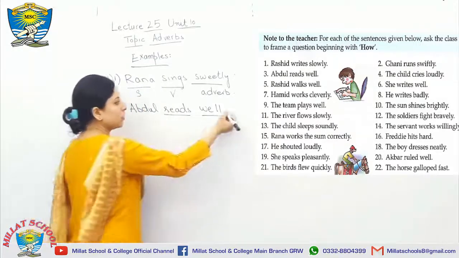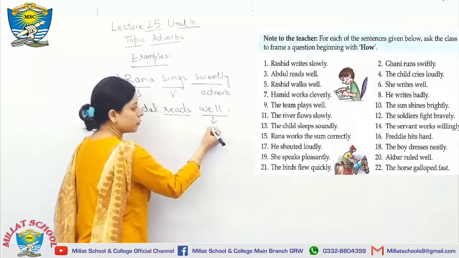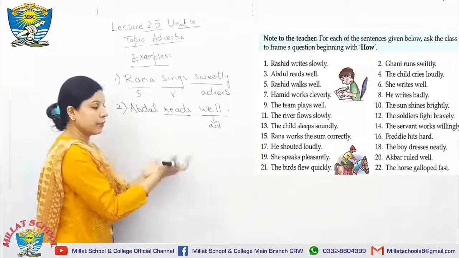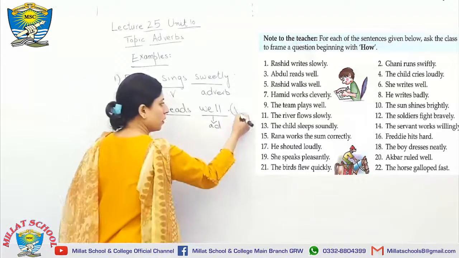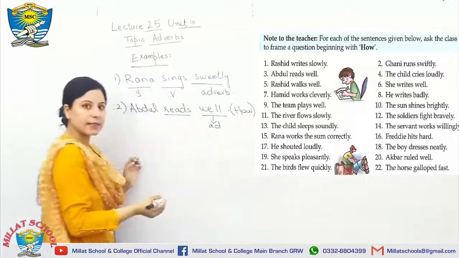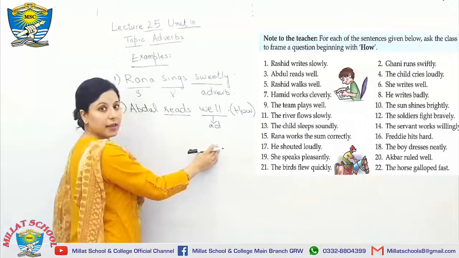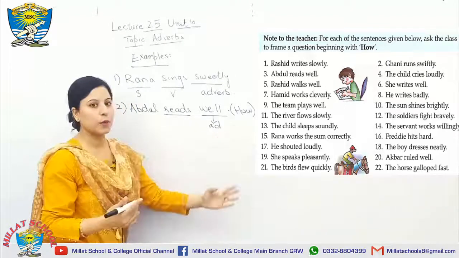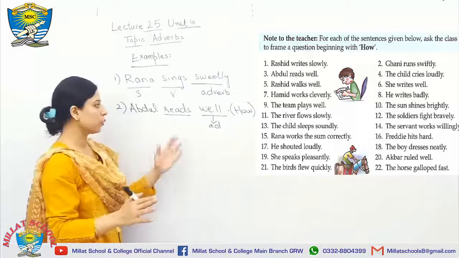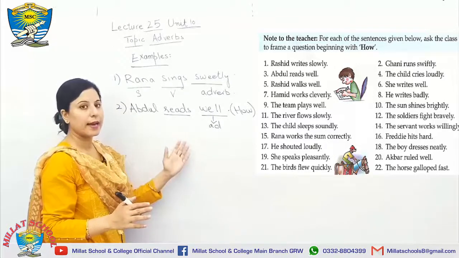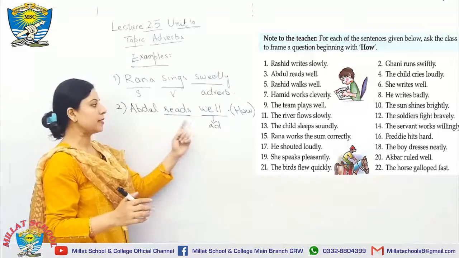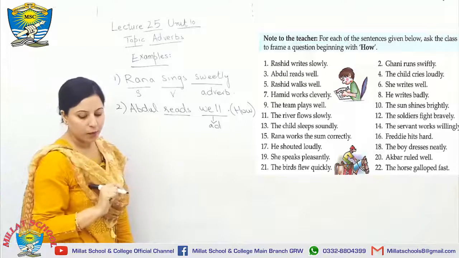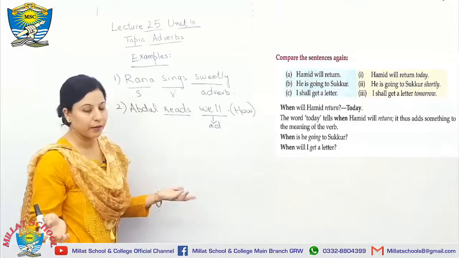Abdul reads how? This how tells us that he reads well. If we are talking about his manner of reading, then we are not talking about the verb only, but we are adding some meaning to the verb, which tells us that we are talking about adverbs. Exactly.